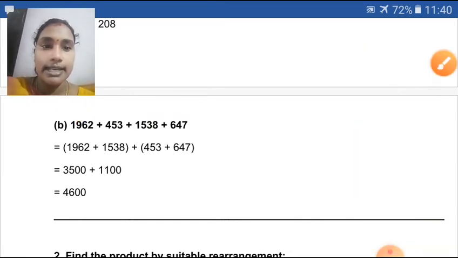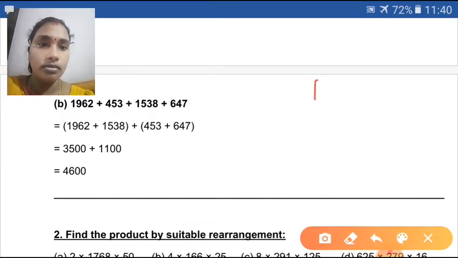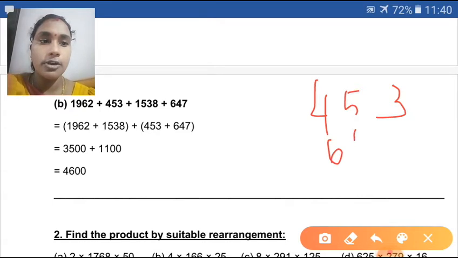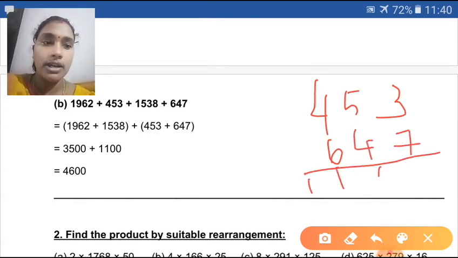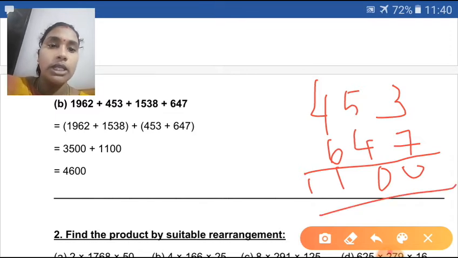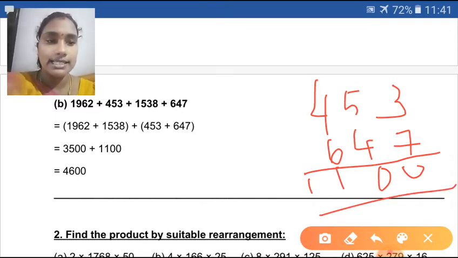Next, 453 plus 647 will give you 1100. When you add these two numbers, you get 4600.